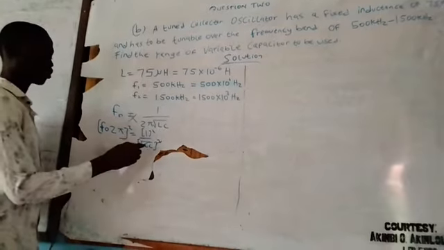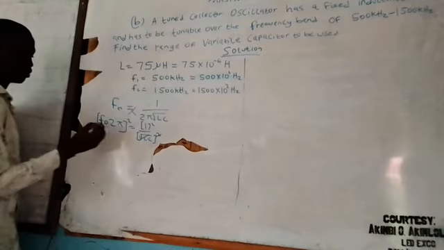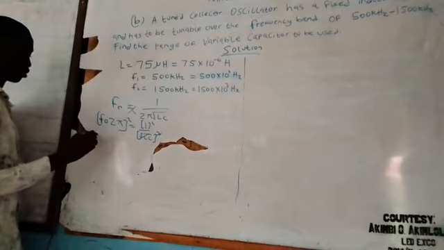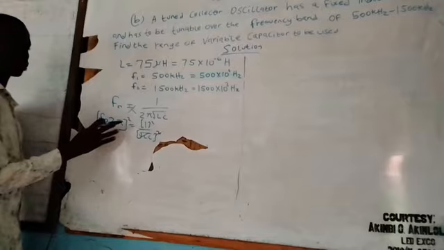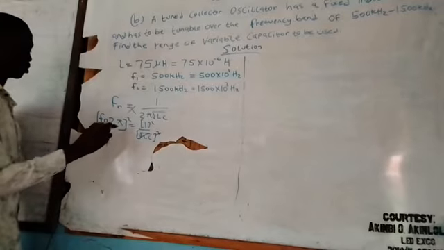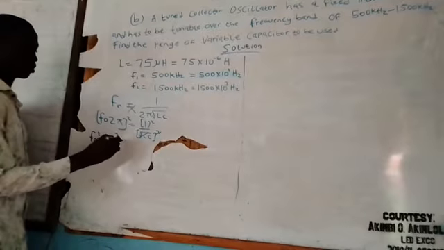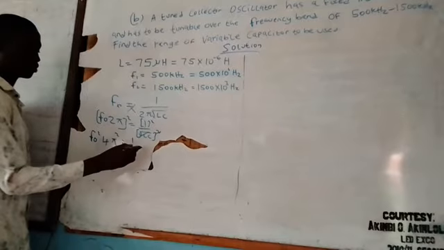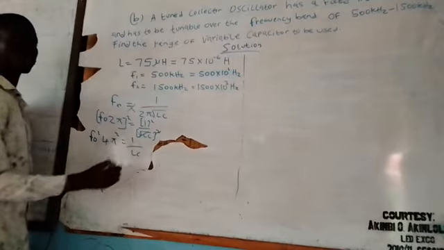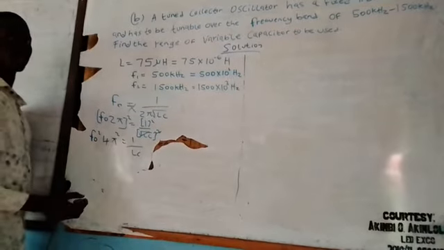Now when squaring both sides, the square will cancel the root. Now the frequency with 2 pi will be squared. Now it will become frequency square times 4 pi square equals 1 over LC.